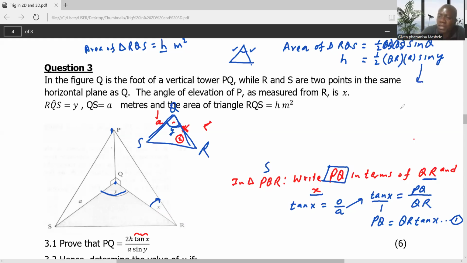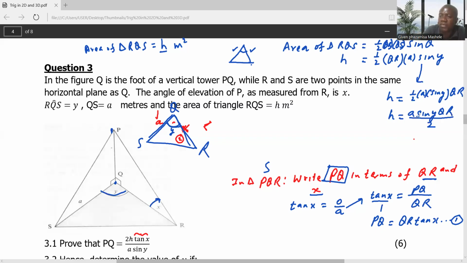Let's multiply this. This will be H equals half A sine Y multiplied by QR. Actually, let me rearrange this. This is the same as A sine Y QR divided by 2. It was the same as half.